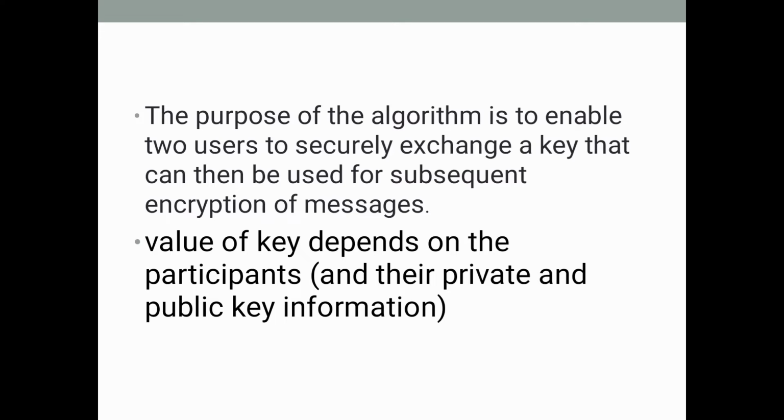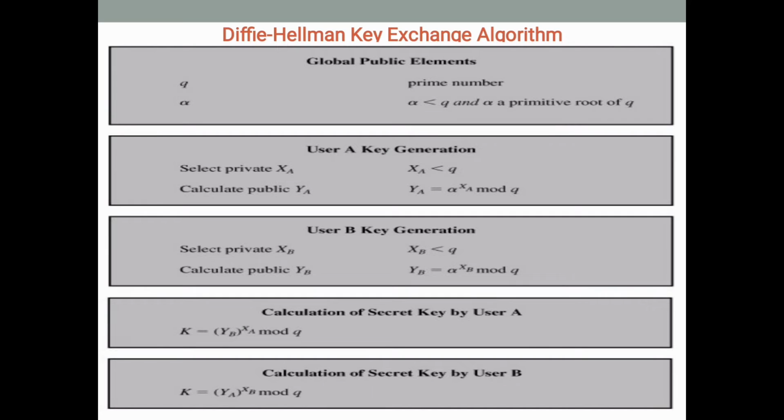Whoever wants to communicate has to use this public key system, which is the Diffie Hellman key exchange. The value of this key depends on the participants, so the source or destination can decide the details about the key.